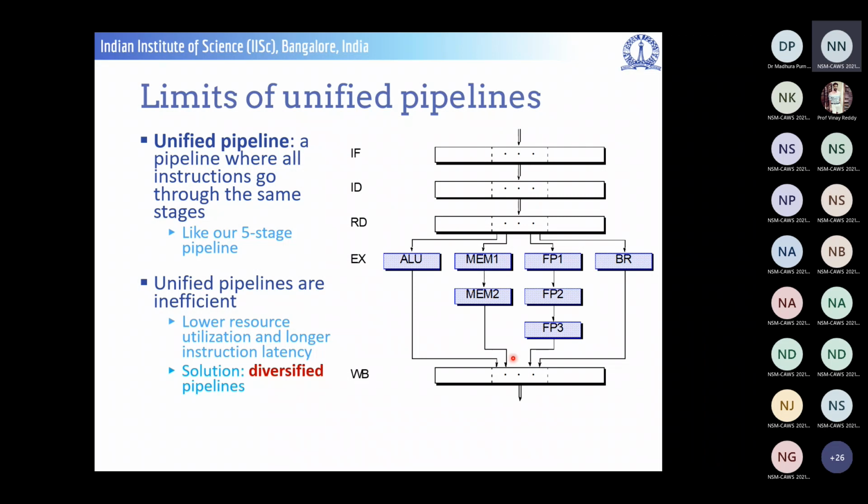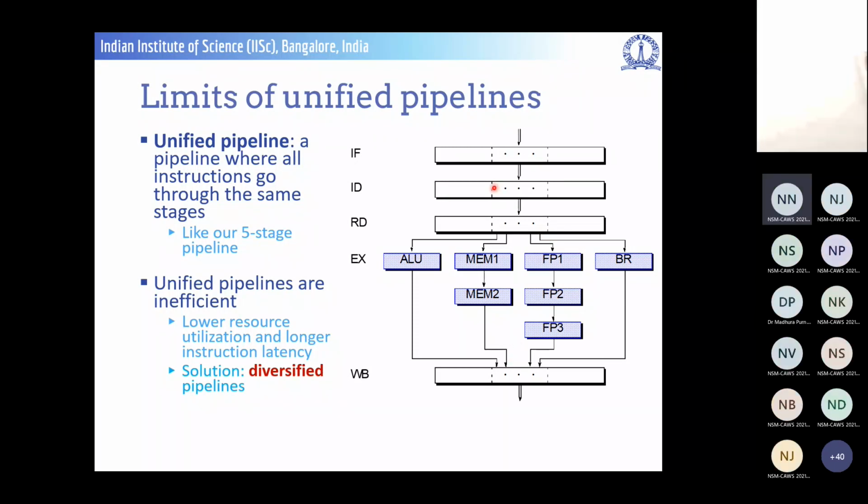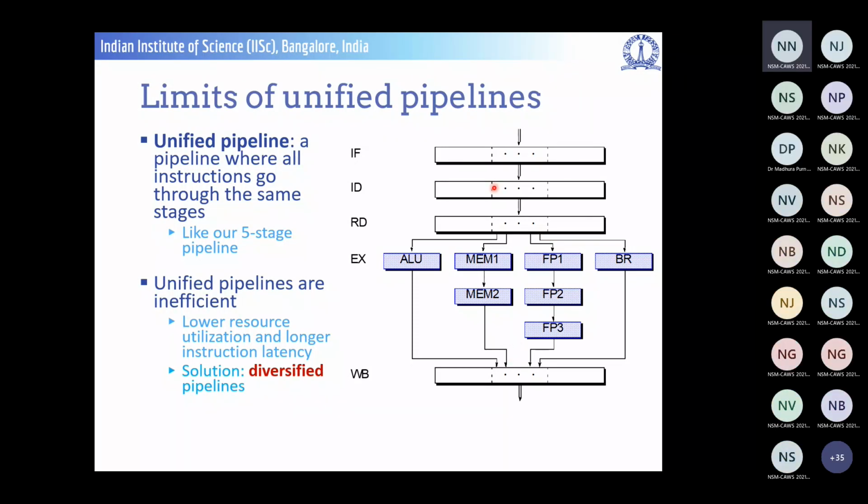An integer add instruction is much simpler and takes much less time compared to, say, a floating point division or multiplication operation. So typically, the front end of the pipeline, which is the fetch, decode, and read register, will be the same.